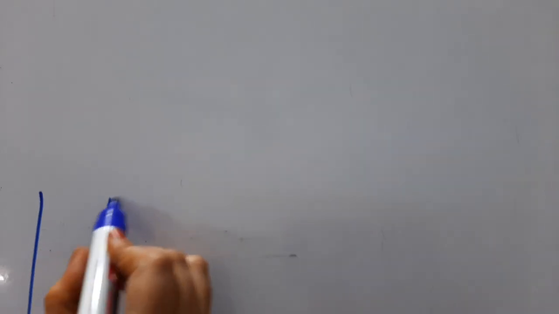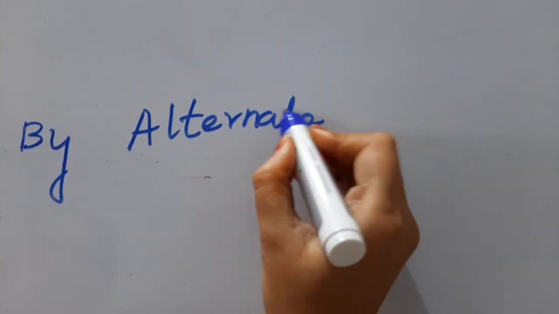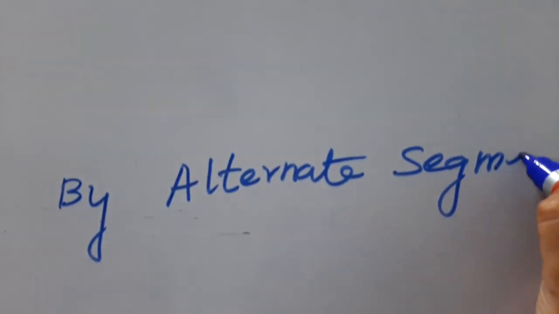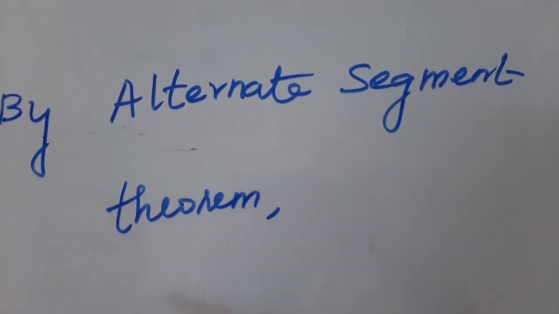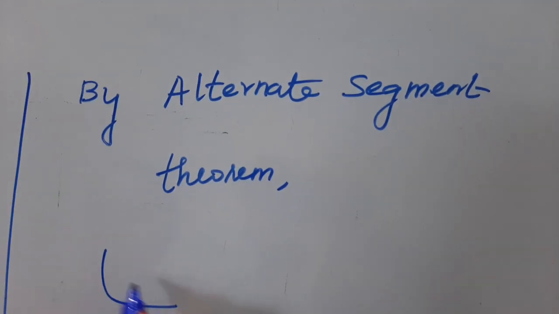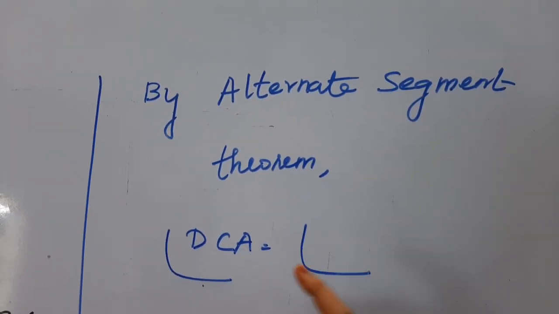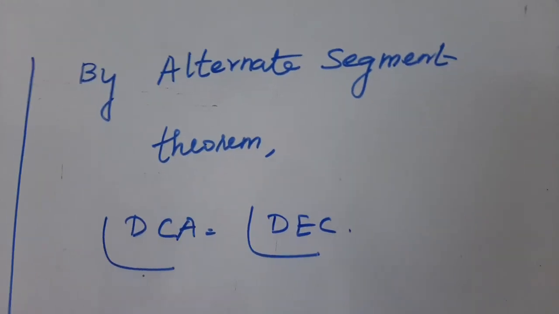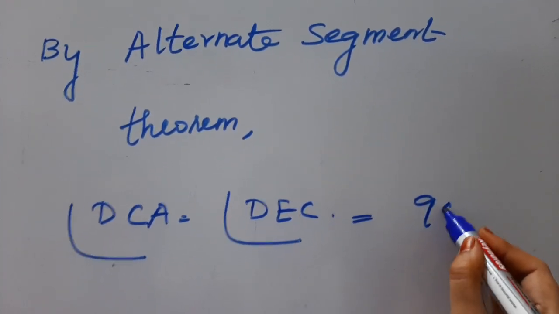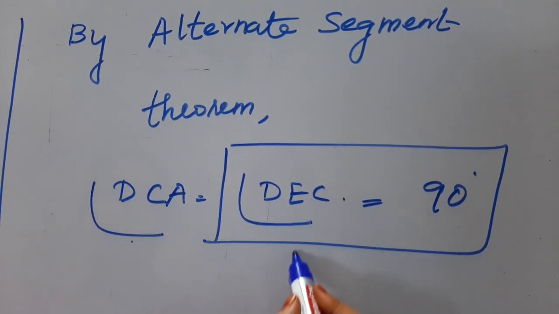Then what did we do? By alternate segment theorem, we prove that angle DCA is equal to the angle in the opposite segment, that is DEC. These two angles we proved equal and we proved that is equal to 90. Therefore, angle DEC is equal to 90.